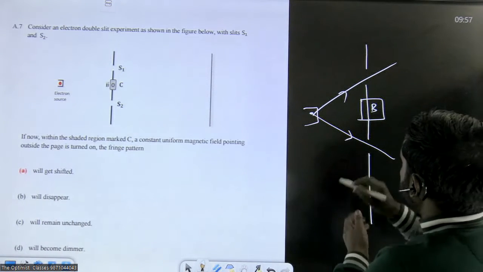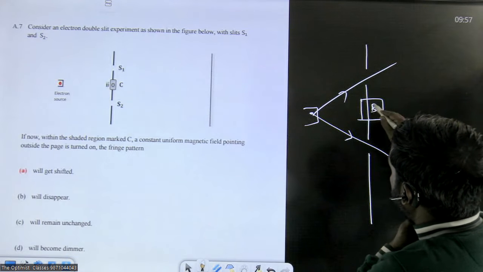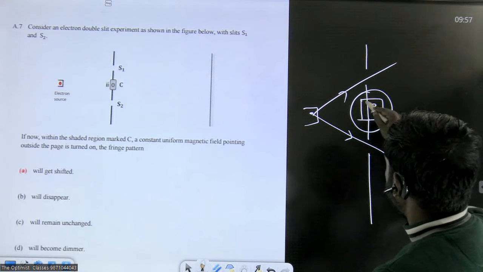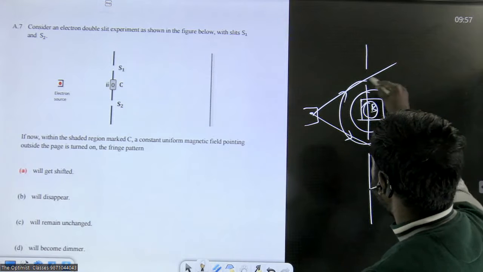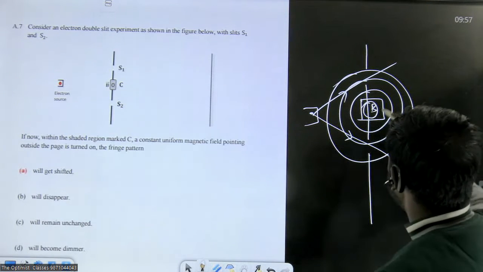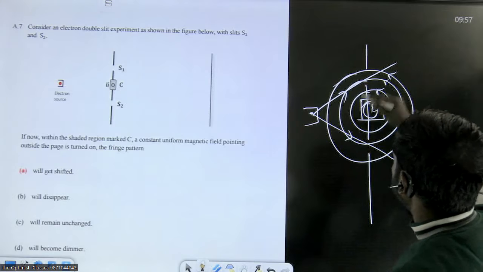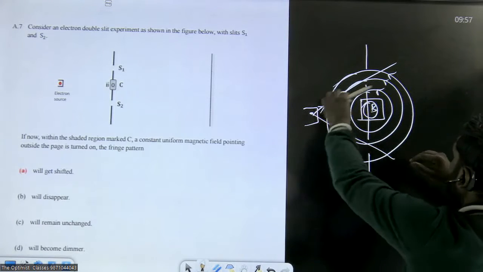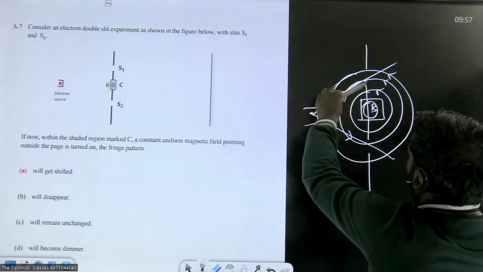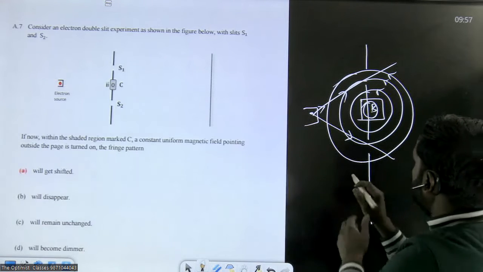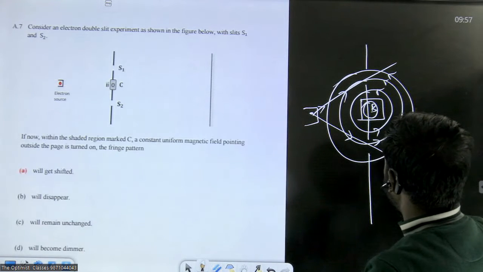So what will actually happen? If you are applying a magnetic field here, the vector potential will be in this direction, like this. These circles are actually the vector potential. Suppose their direction is like this. Electrons which are going in this direction face a vector potential which is opposite to their direction of motion, and here the vector potential will be in this direction.